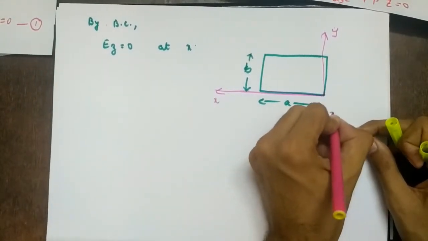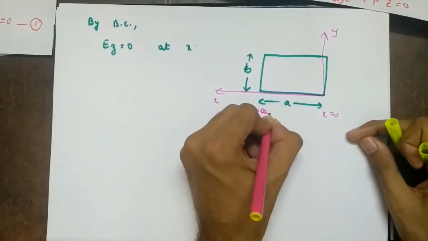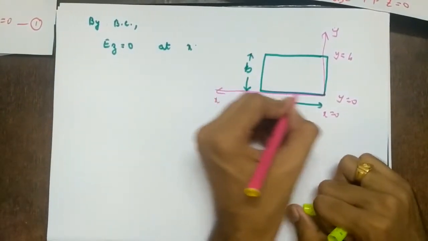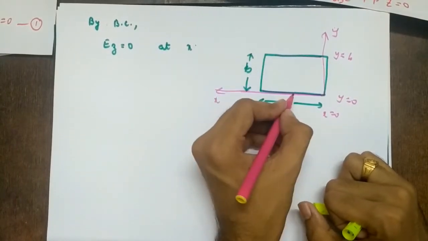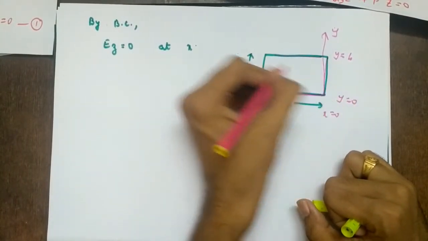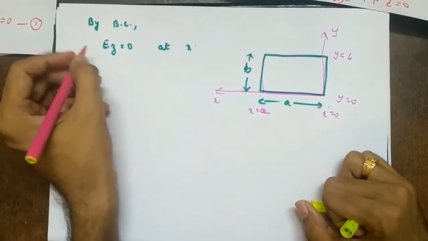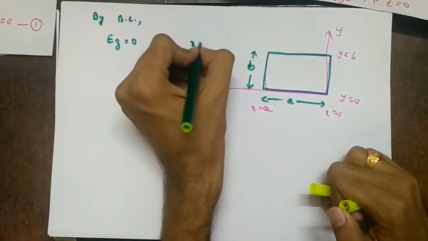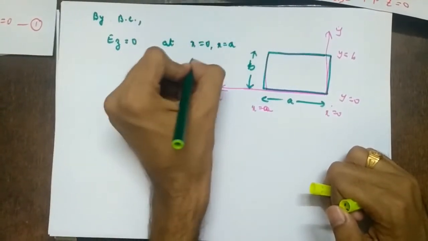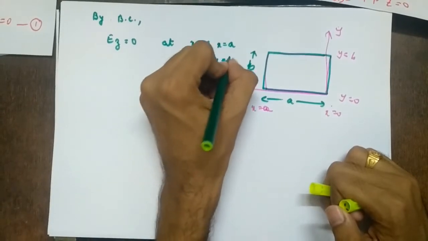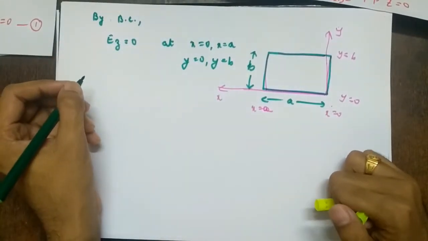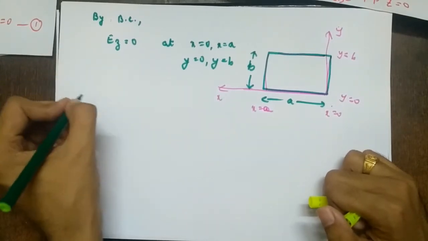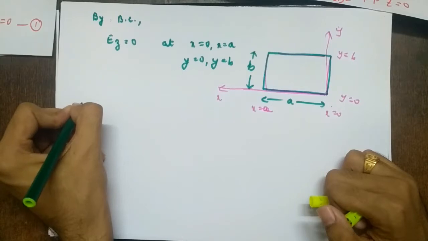So x equal to 0 here, x equal to a here, y equal to 0 here, and y equal to b here. So Ez should be 0 at y equal to 0 and y equal to b, and Ez should again be 0 at x equal to 0 and x equal to a. That is at the boundaries. So let's apply the corresponding condition, Ez equal to 0.